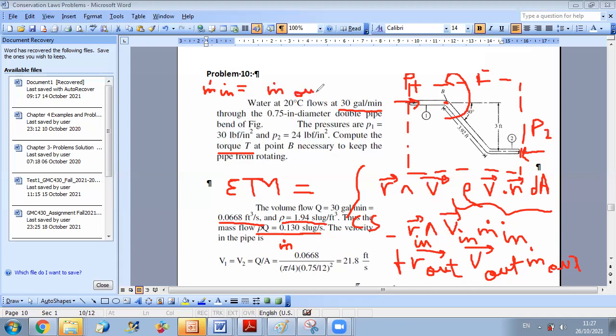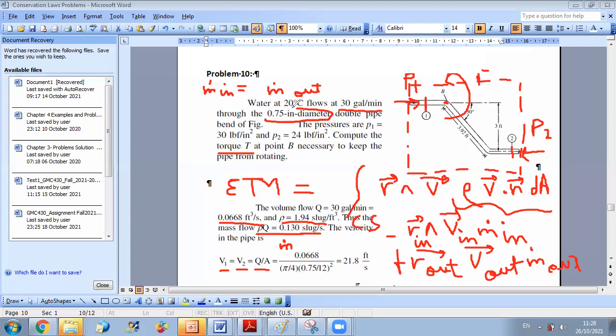And now we need to compute the velocities at the inlet and outlet. Since you have the same cross section, A1 is equal to A2. And since it's an incompressible flow, V1 will be equal to V2, equal to Q over A. Since here you have a piping system of circular cross-section, the area is simply pi d squared over 4, and the diameter is given in inches.